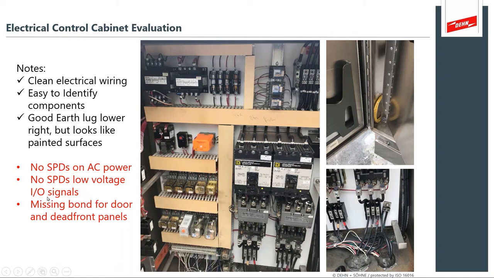But here's a couple of red flags. No SPDs are identified on the AC power. There are no SPDs identified on the low voltage I/O control signals. And further, you can see in this upper right image here, there's a missing bond connection to these dead front panels and these doors. And this is important because if there is actually a fault on these electrical systems, that door can remain energized, which is a huge safety concern.